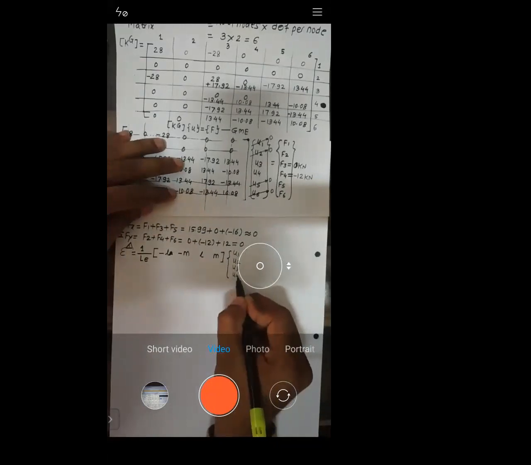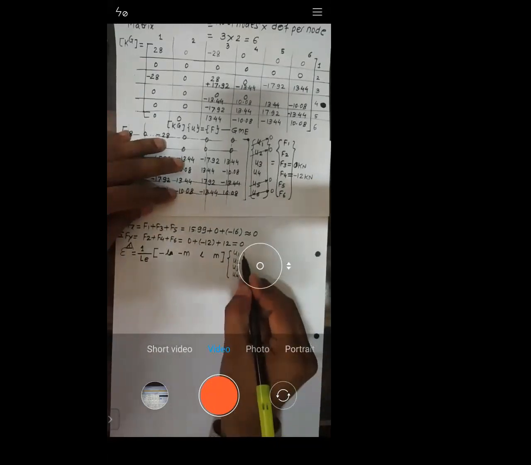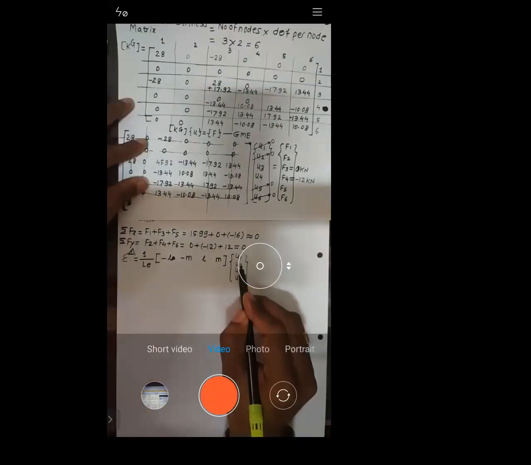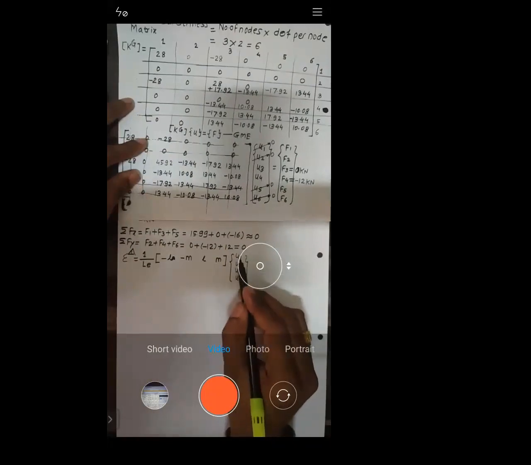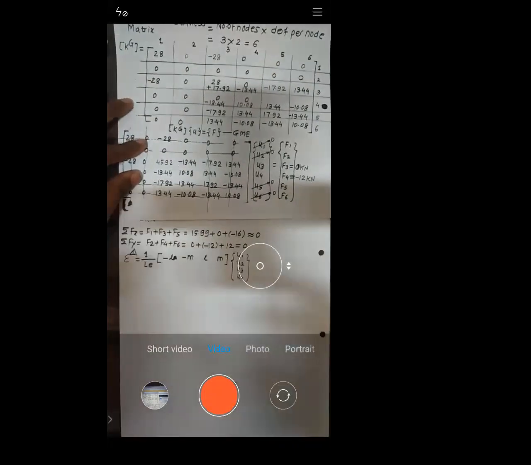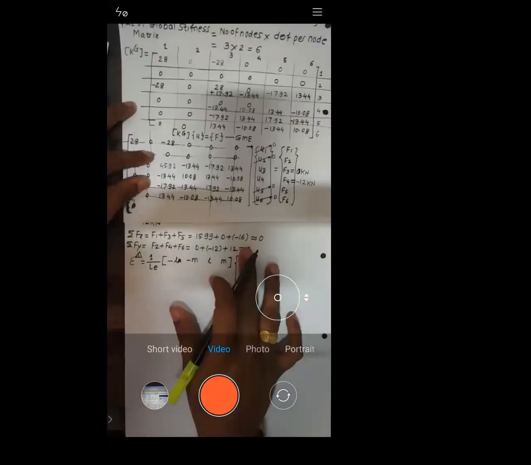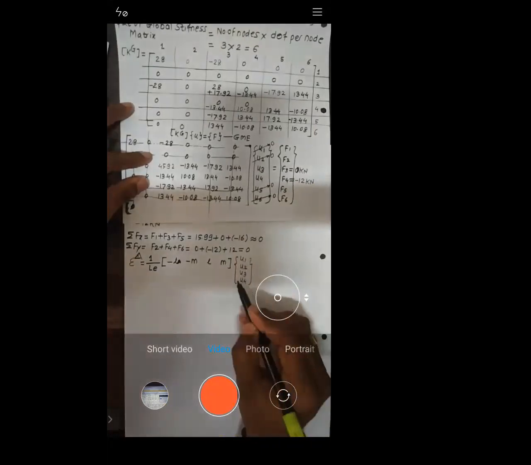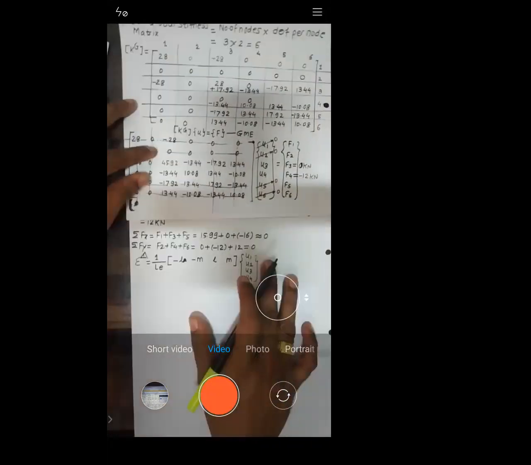This element number 1 is between 2 nodes, so U1 and U2 will be for node number 1, and U3 and U4 will be for node number 2. Is it okay? Yes or no?